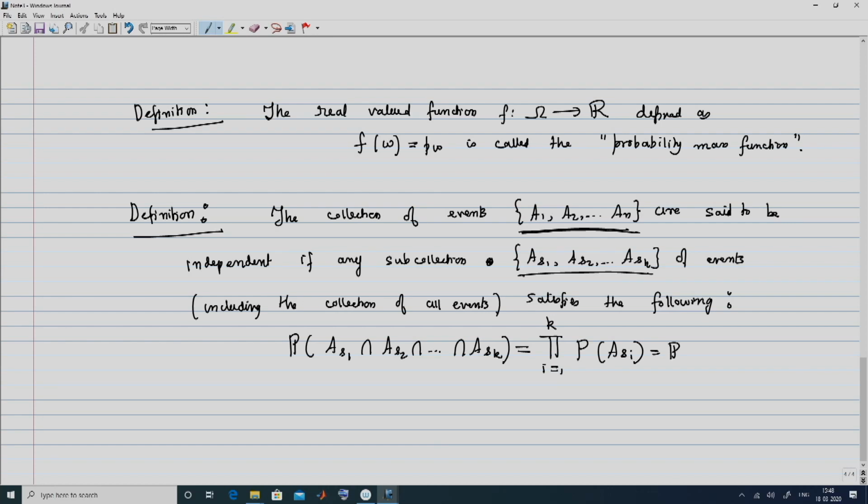That is, probability of AS1 times probability of AS2 all the way to probability of ASK.